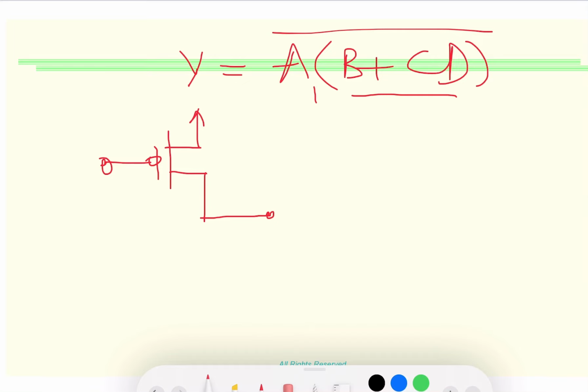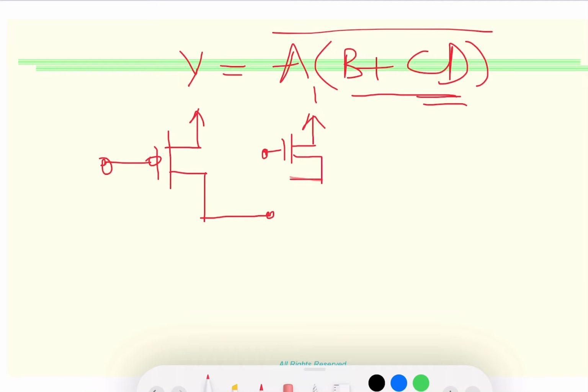Now, that would be a little bit more complicated. First, we got B, and then it can be OR, so either of those.